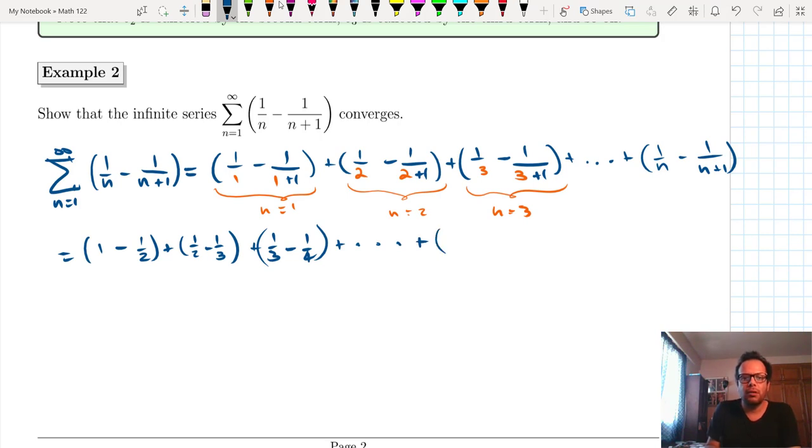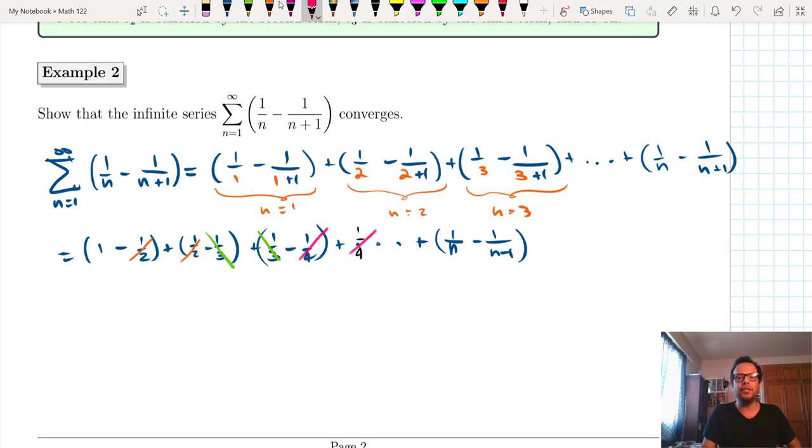Plus 1 over n minus 1 over n minus 1. Okay, now this is the part in which we cancel terms. So I'm going to cancel this negative 1/2 with this positive 1/2, then this 1/3 with negative 1/3, and then this 1/4 with this invisible 1/4 that would be here.